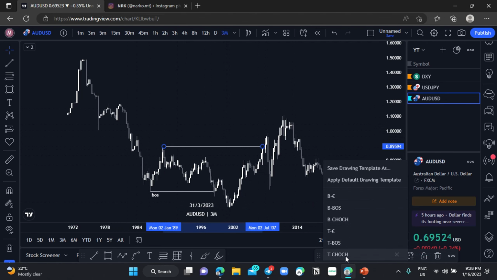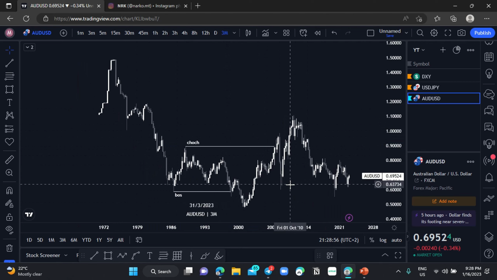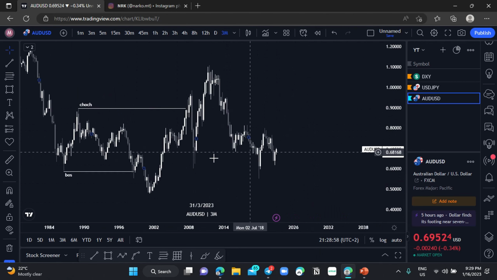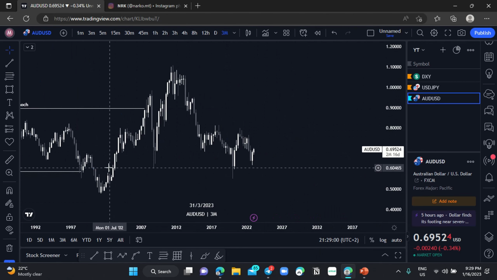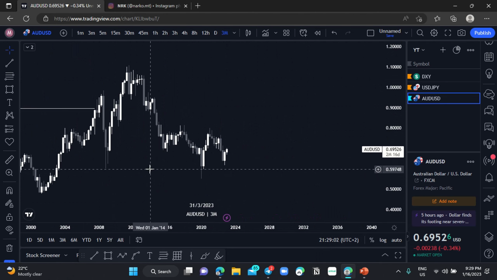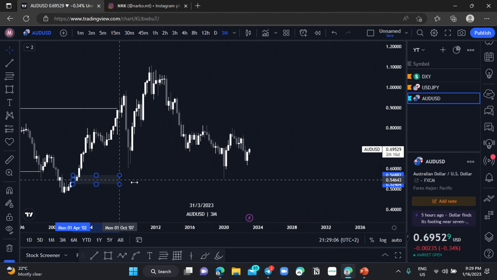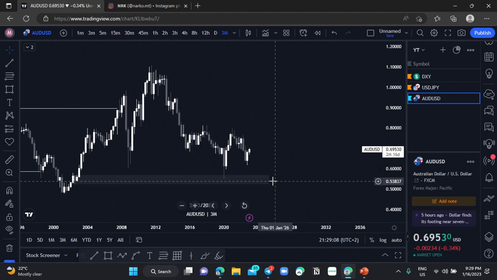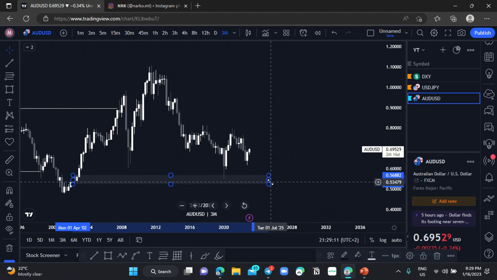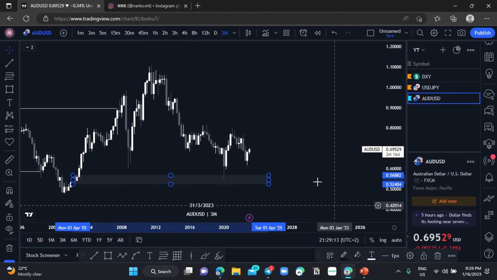Okay, so this is a top change of character. As you can see here, price violated it, and then we have this beautiful demand area here that price tapped us in. So this is going to be our demand area.